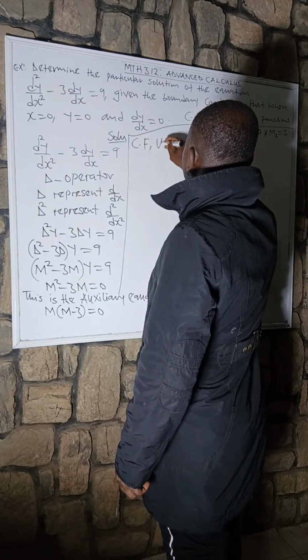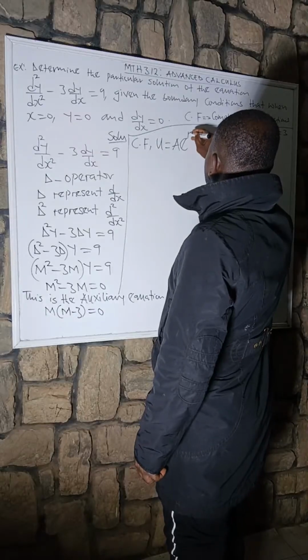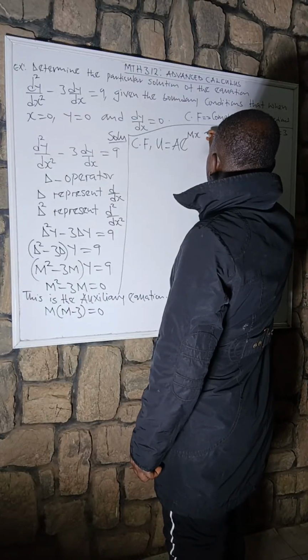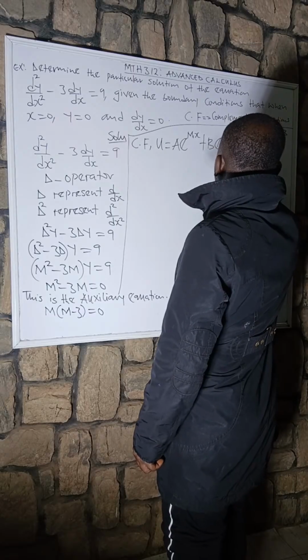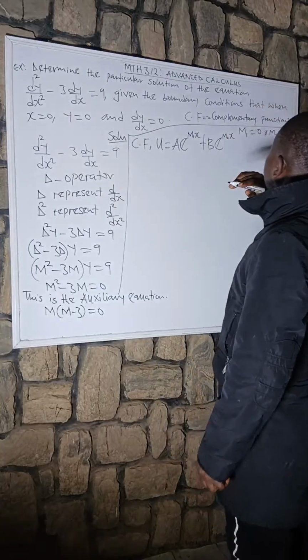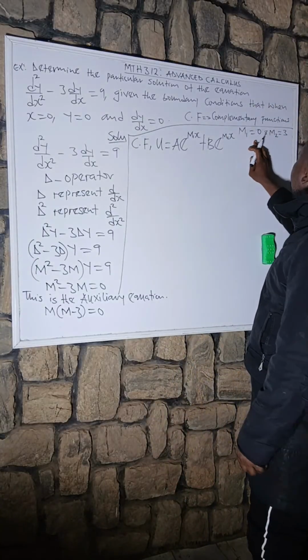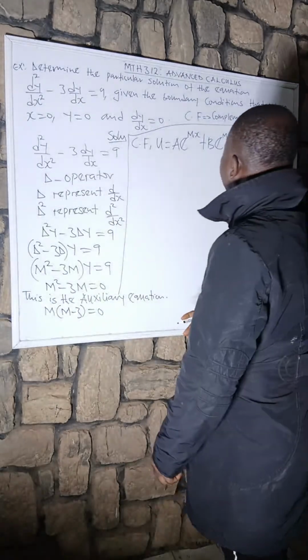So it means our complementary function will now be y equals a exponential m1x plus b exponential m2x. Here we have our m1 as 0 and m2 as 3.